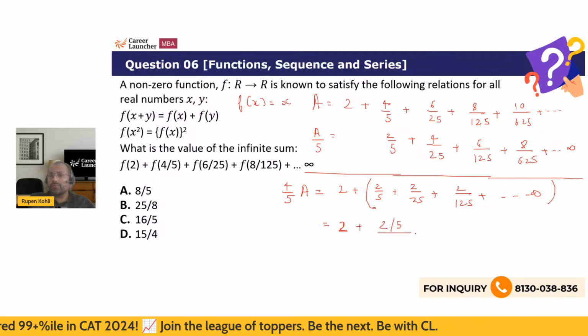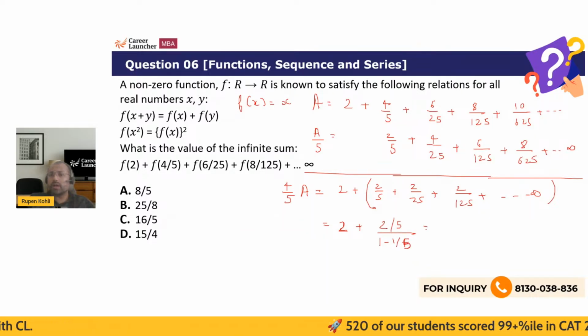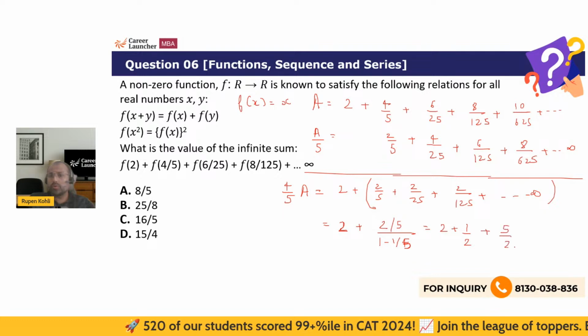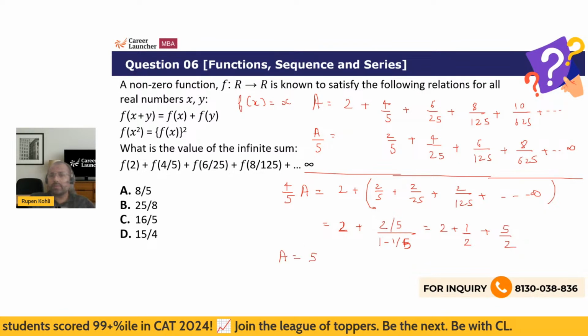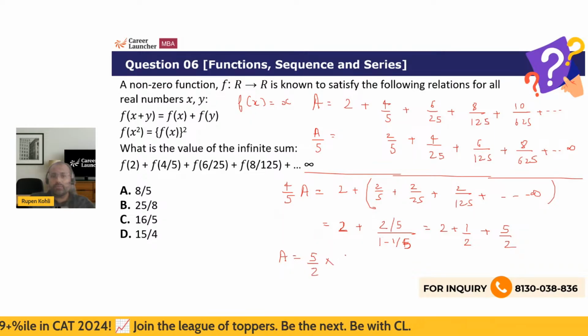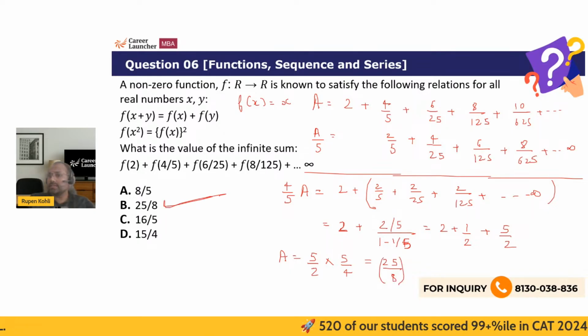So 2 by 5 upon 1 minus 1 by 5, which is 4 by 5, becomes half. So this is 2 plus 1 by 2, or 5 by 2. Hence, 4/5 of A is 5 by 2. A is 5 by 2 into 5 by 4, which is 25 by 8, the required sum of the series.